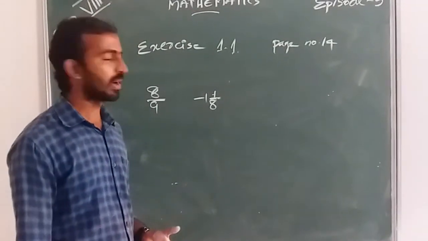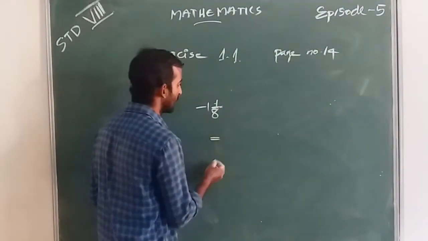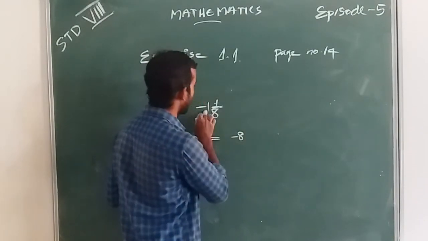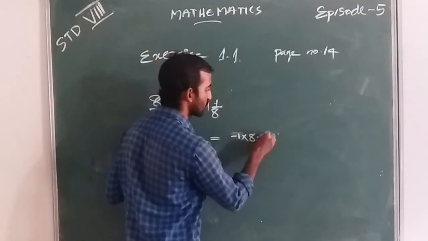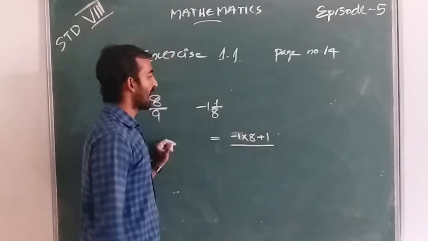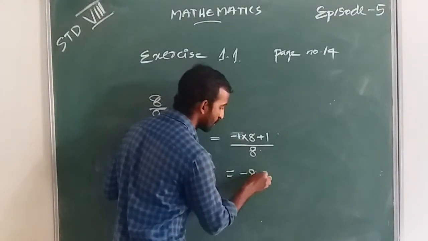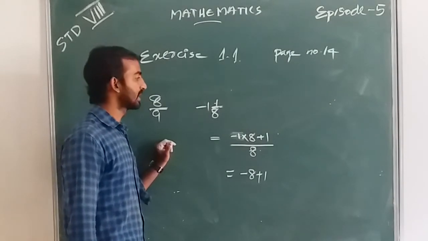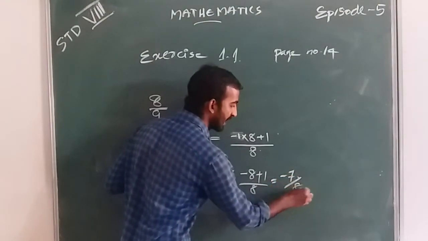This is a mixed fraction, so we can write negative 1 into 8 plus 1 by 8. Here negative 8 plus 1. When we multiply negative 1 into 8, we get negative 8 plus 1 by 8. Here we can write negative 7 by 8.